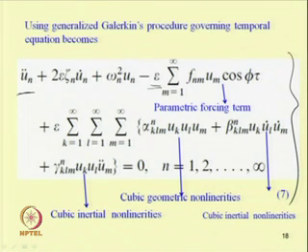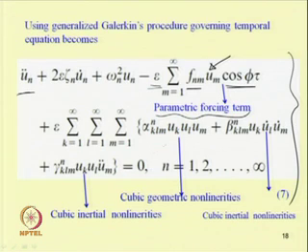One can note here that this time varying term f n m cos phi tau is the coefficient of u m, which is the response of the system. That is why this is known as the parametric forcing term.